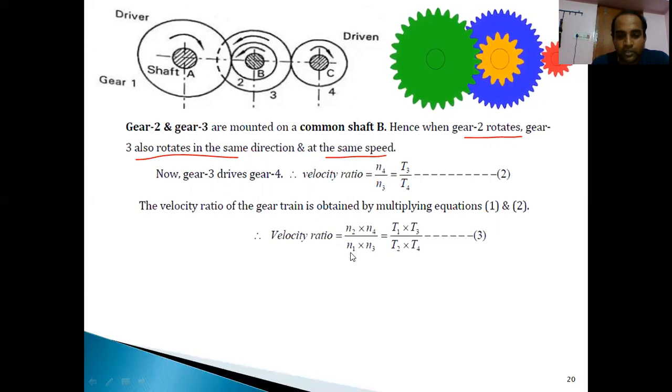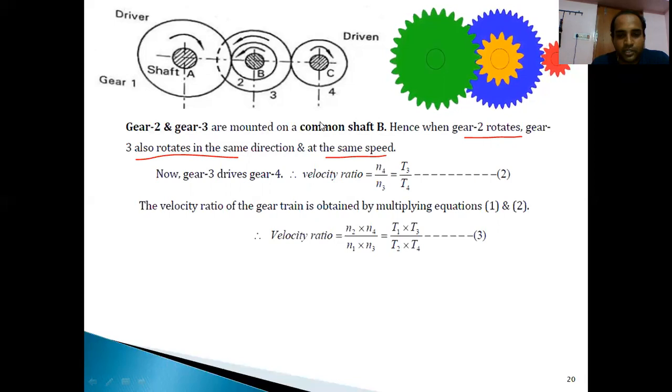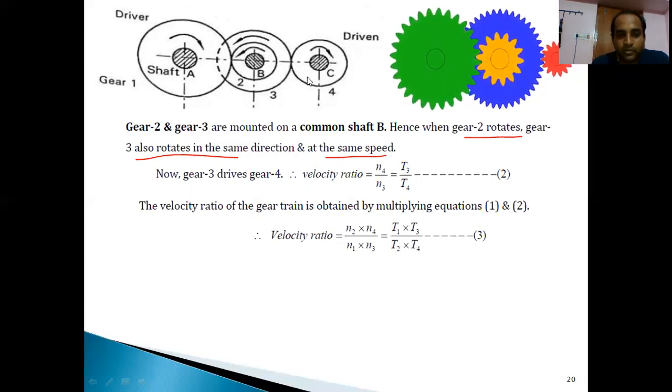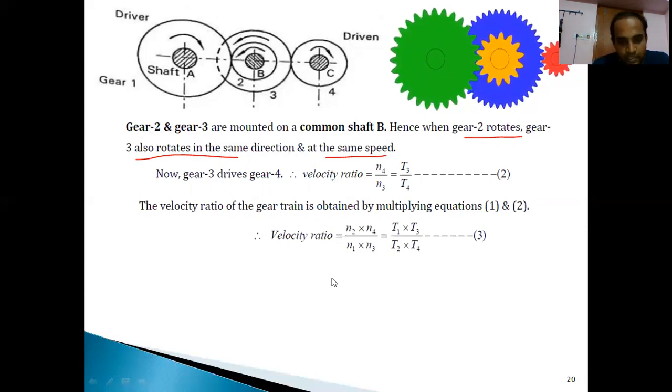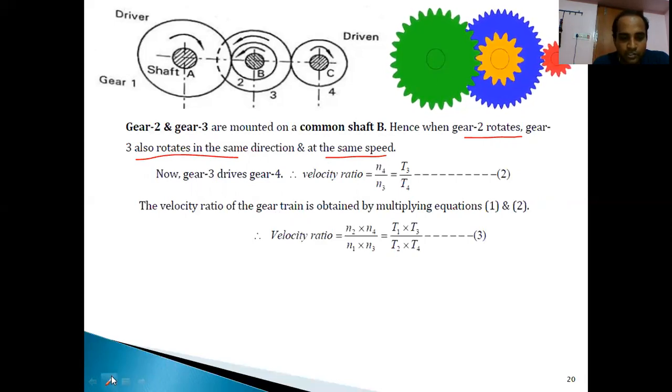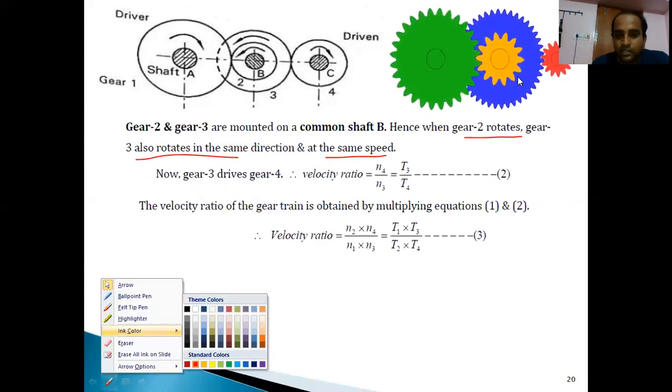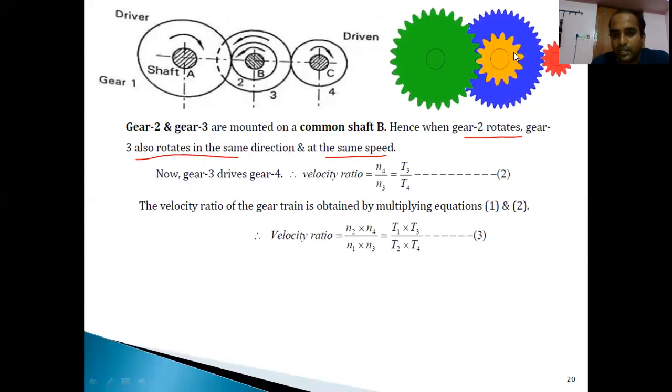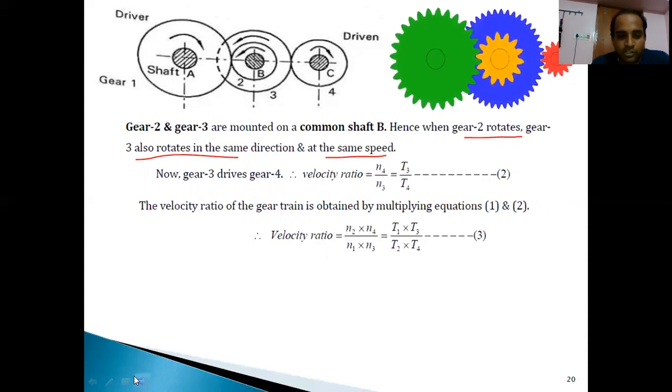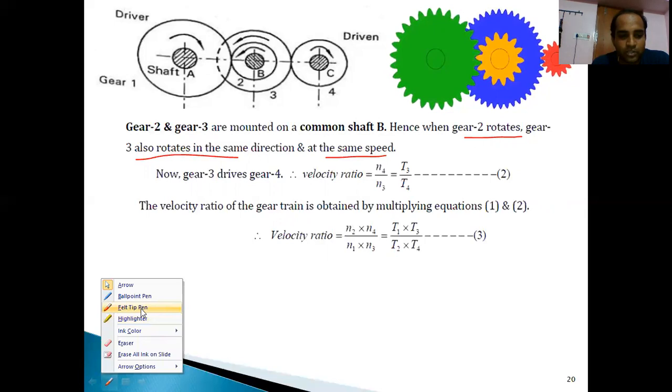So N2 by N1 is the velocity ratio obtained between gear 1 and gear 2, that is T1 by T2. Similarly, between 3 and 4, T3 by T4, that we have obtained here. But as I was telling you, both the yellow gear 2 and gear 3 are rotating with the same speed, which means in this equation N2 is equal to N3.